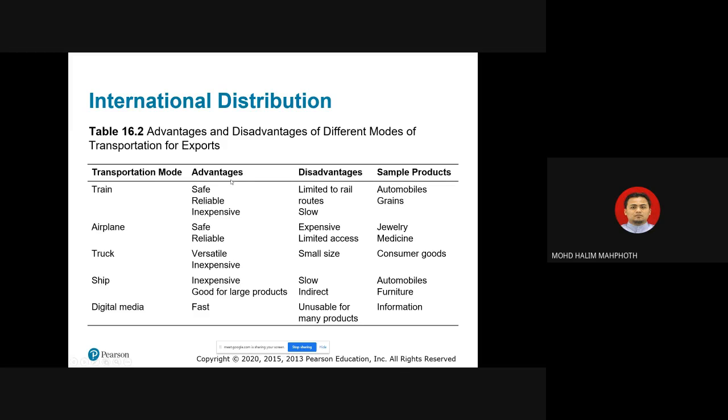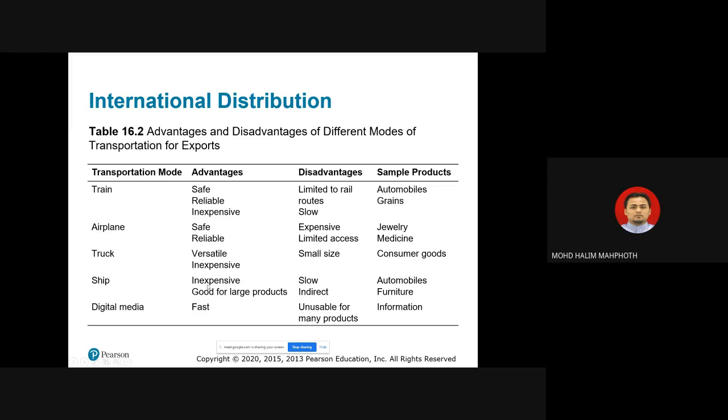You can see some of the advantages. Rail may be limited to railroad only, so in certain countries they don't have this kind of infrastructure. Samples of products are like automobiles or grains. Airplane is very quick but expensive, more toward luxury products. Truck is versatile, but you have to have road access, and most consumer goods use this type of transportation.